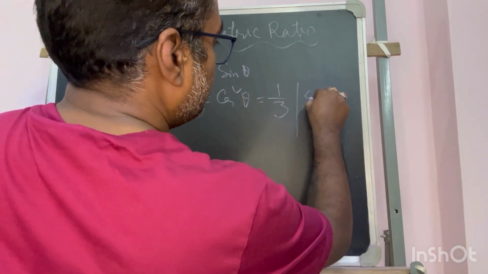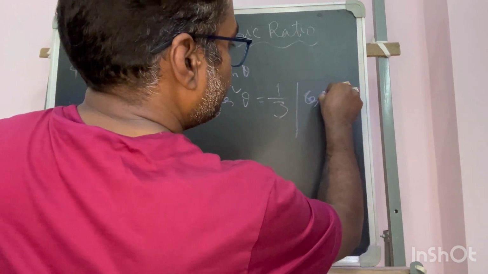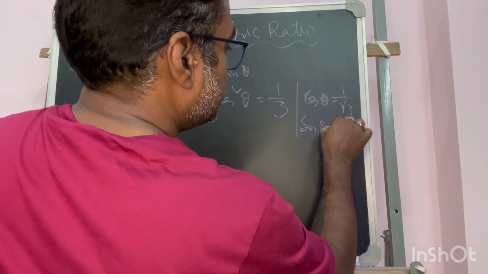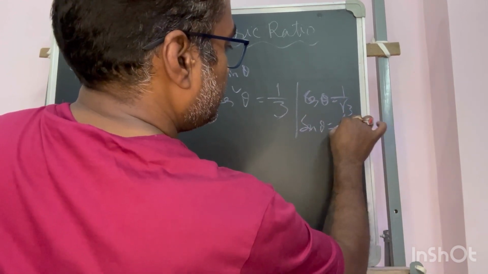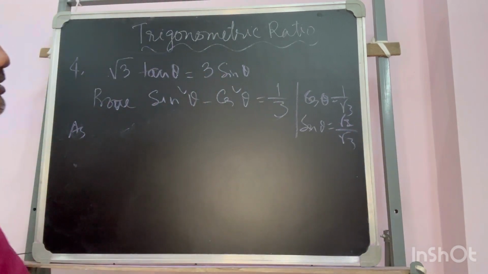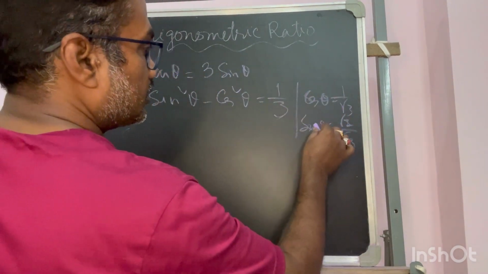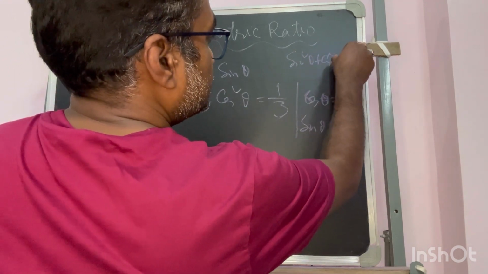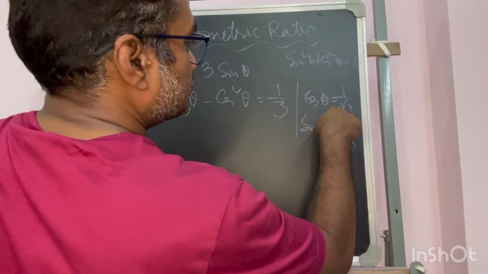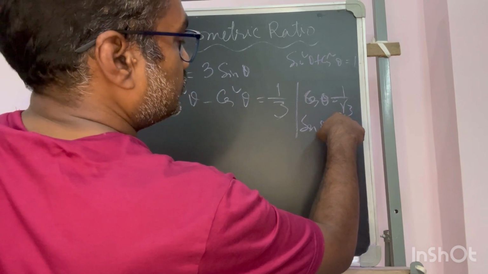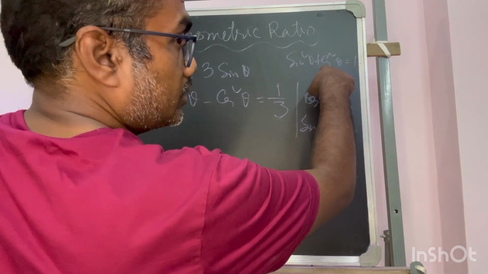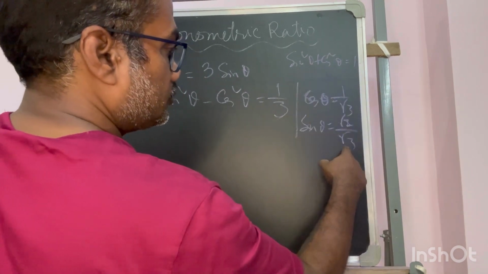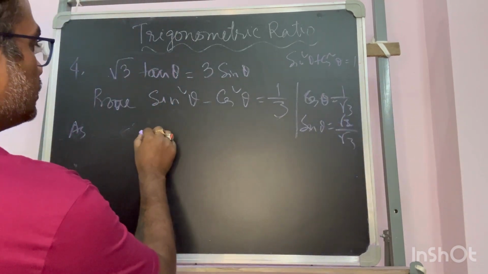Because sin square theta plus cos square theta is equal to 1, that I know. So cos square theta is equal to 1 by 3, sin square theta is equal to 2 by 3, so sin theta is equal to root 2 by root 3. So now put this value.